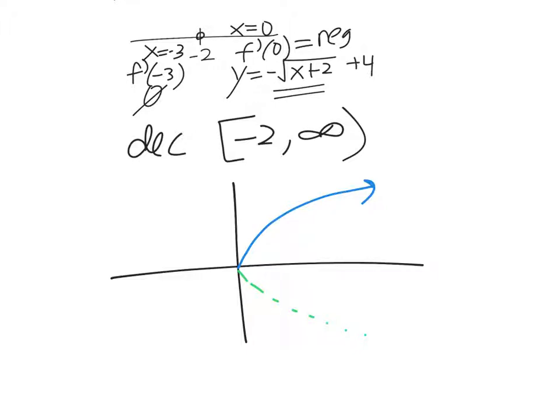The derivative's undefined, but it actually is a critical point because it's an endpoint of the graph. So this is what the graph looks like. This graph is constantly decreasing. Every single thing here, the tangent line has a negative slope.